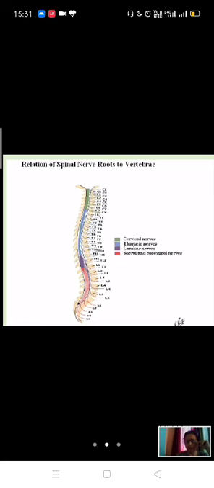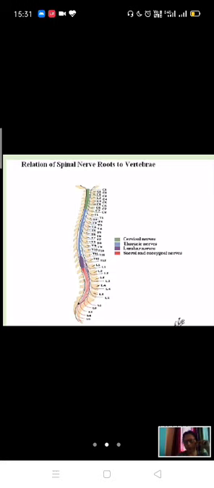Then up to C7. This is the C7 vertebra, and this is the C7 nerve, coming above it. So the C nerve is above the vertebra, but C8 comes below the C7 vertebra. As it comes below, T1 is lower than the T1 vertebra.